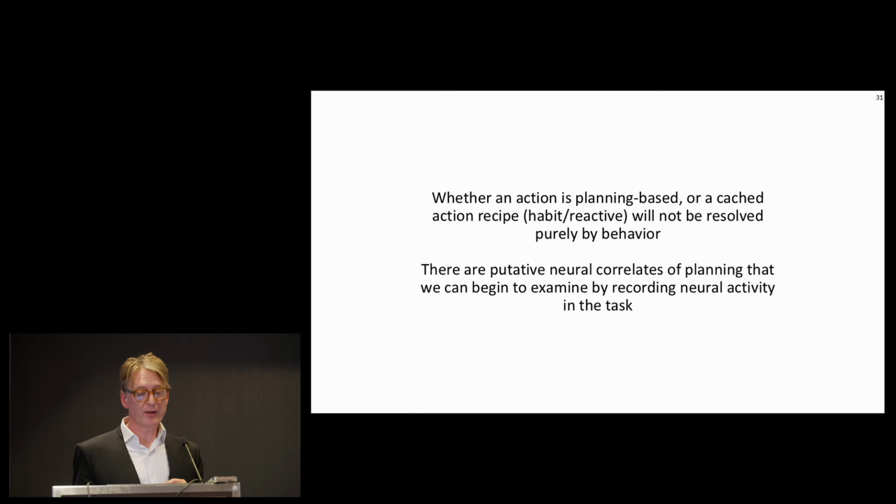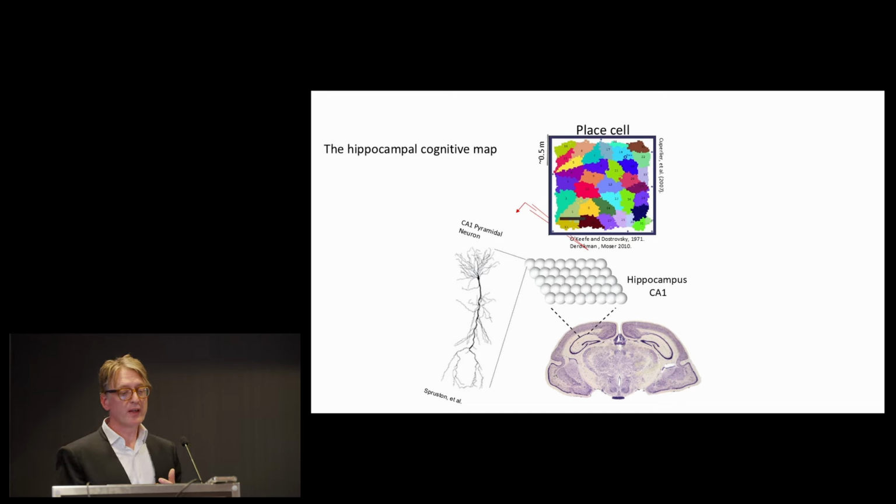But first, I need to tell you a little bit about one structure which is a good candidate for looking at neural activity, and that is the hippocampus. The hippocampus contains something called the cognitive map, which is essentially, if you record one cell in the hippocampus, it'll light up when the animal's in a certain position in the arena. And this is, I should say, not dependent on body orientation or head orientation.